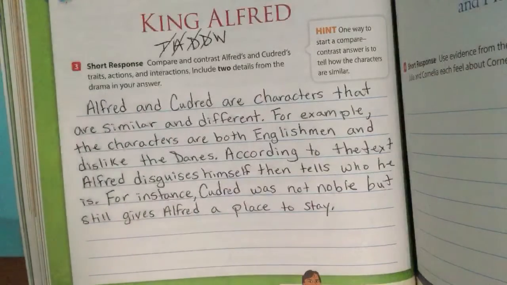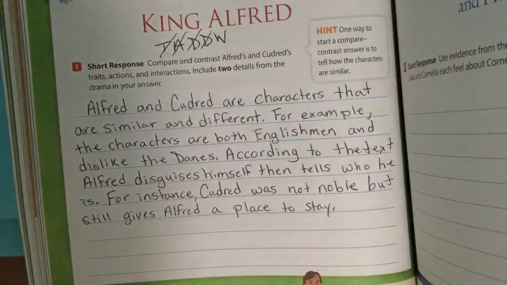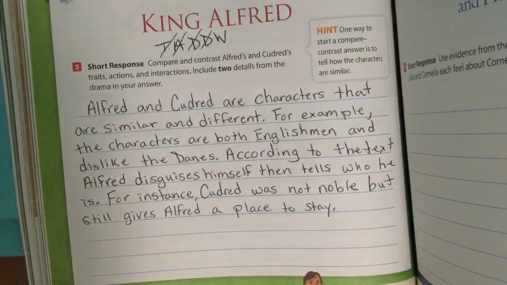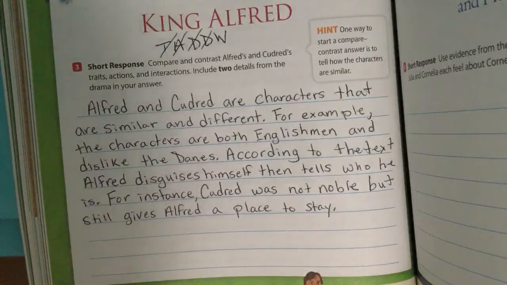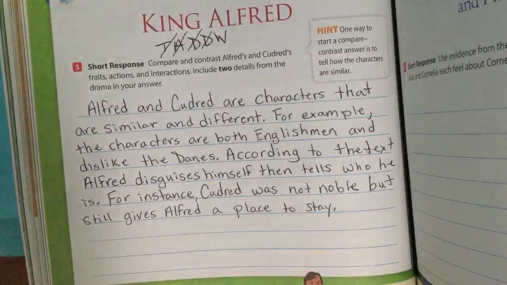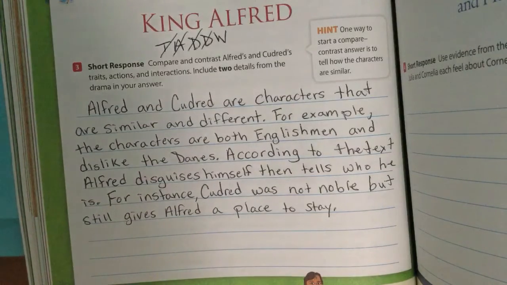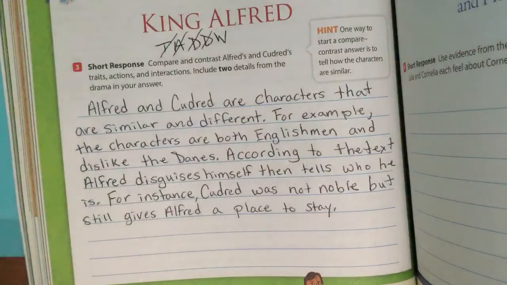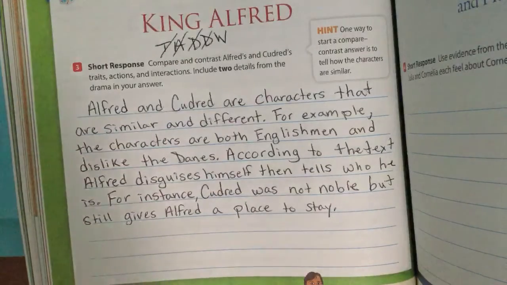Okay, so we turned it around, we answered, we gave our details. So what's left? Wrap-up sentence. So we have Alfred and Codred are characters that are similar and different. For example, the characters are both Englishmen and dislike the Danes. According to the text, Alfred disguises himself, then tells who he is. For instance, Codred was not noble, but still gives Alfred a place to stay. How do we wrap it up? Well, simple.